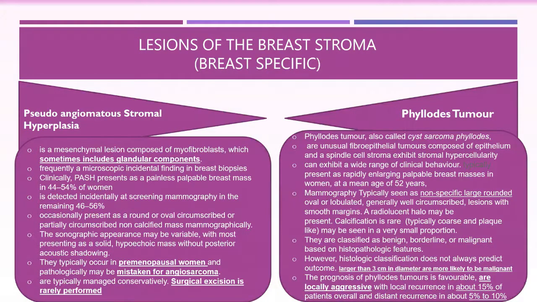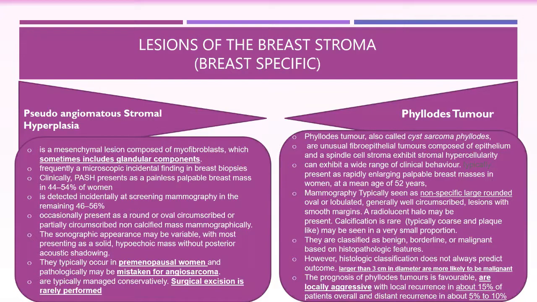Fibroadenoma we discussed in the epithelial and fibroadenomatoid types. The remaining two breast-specific stromal lesions are pseudoangiomatous stromal hyperplasia and phylloides tumor. Phylloides, most of which we described along with fibroadenoma, we said it is biphasic, having epithelial as well as a stromal component, and the outcome is unpredictable by imaging.